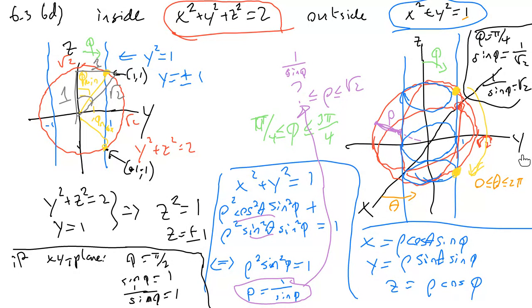Okay, so let's just write down the final bounds. We have phi between pi over 4 and 3 pi over 4. Theta, as we discussed already, is between 0 and 2 pi, and then the radius rho is between 0 and 1 over sine phi. And then you have to do the Jacobian and so on.